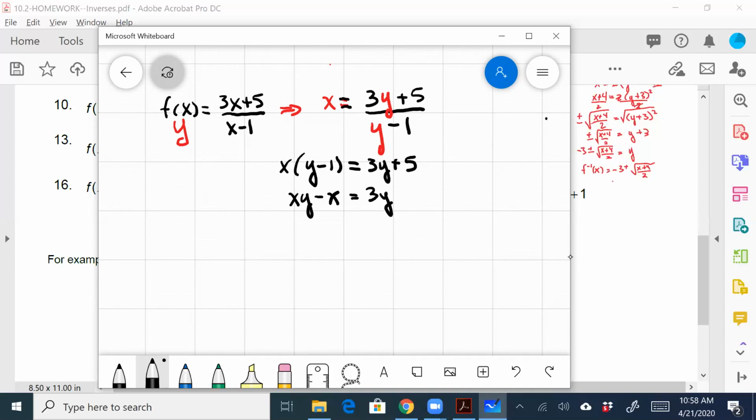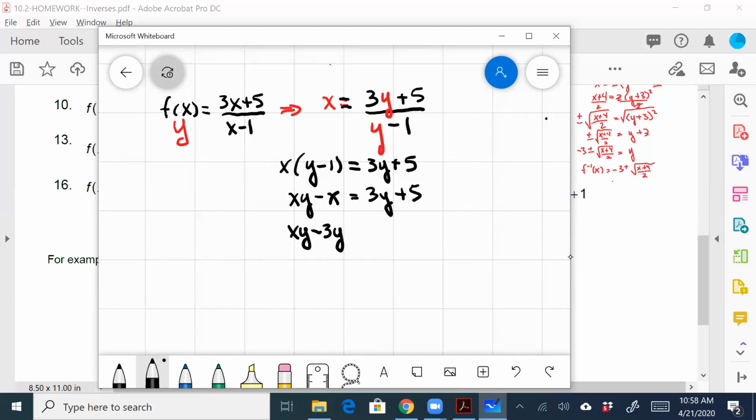And I want to get y alone, so I'm going to get all of my y's over on the one side and everything that doesn't have a y on the other side. So I'm going to have xy, subtracting 3y from both sides leaves minus 3y.